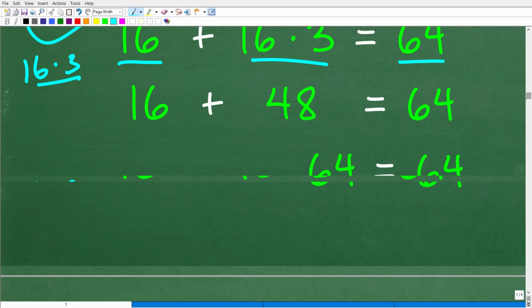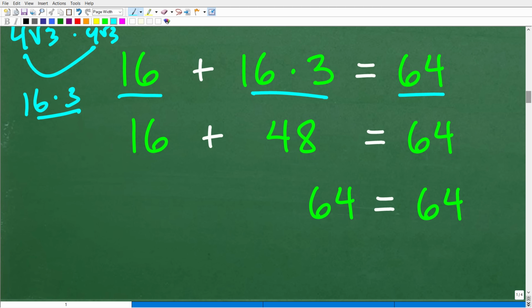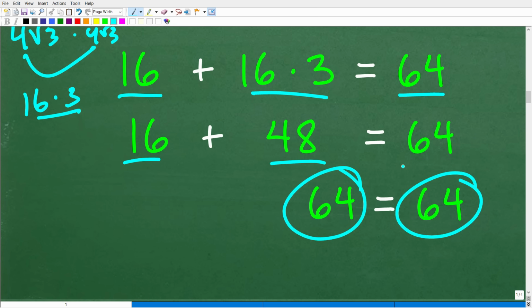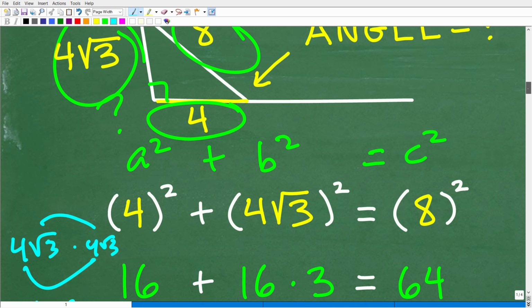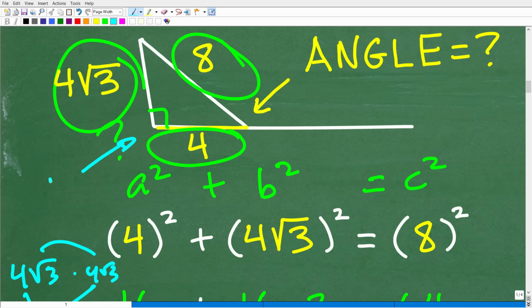So let's continue on here. We have 16 plus 16 times 3, which is 48, and we end up with 64 being equal to 64. This can only happen if this angle right here is 90 degrees, or a right triangle. So I could say here is a right triangle. That's great, but we still don't know anything about the angles.